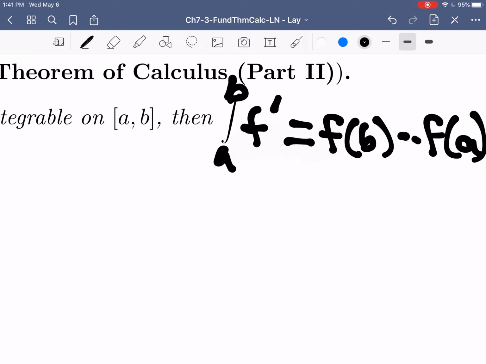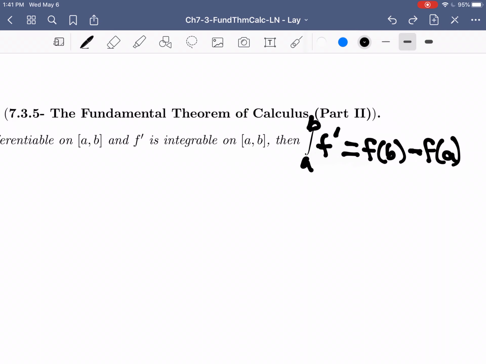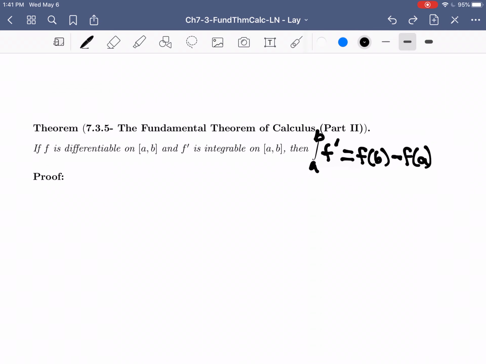So fundamental theorem of calculus part 2 is the part that tells us how we can go through and evaluate definite integrals. And so now we have that.